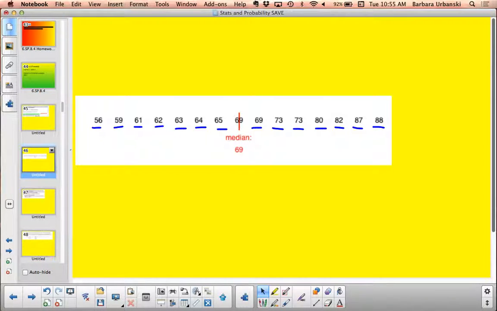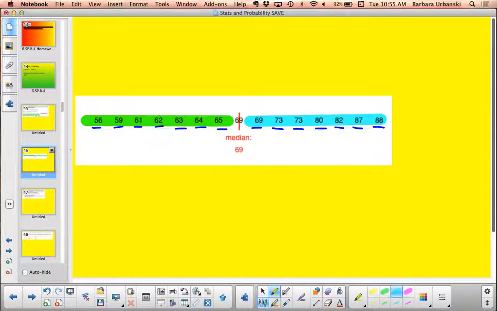Now, the next thing that we're going to do after we find the median is realize that we've got a lower half and we also have an upper half. Box and whisker plots, when you are designing them, are all about finding the median, the middle number.